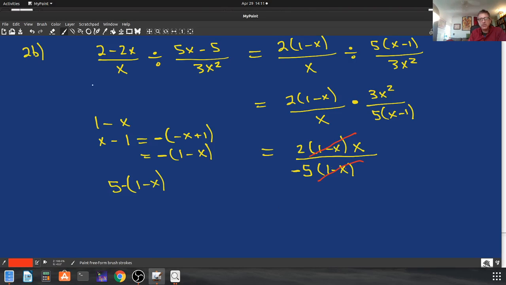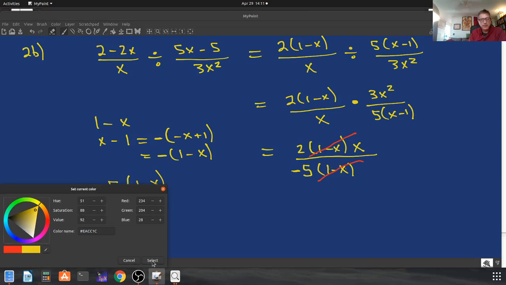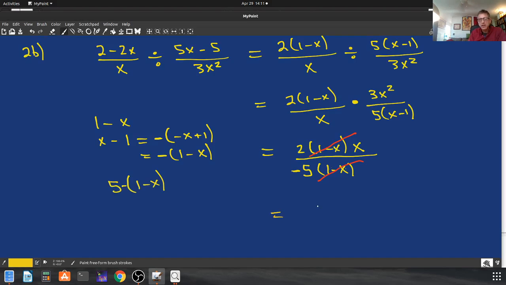And the end result is equal to, I'm going to put my negative out front, minus 2x divided by 5.